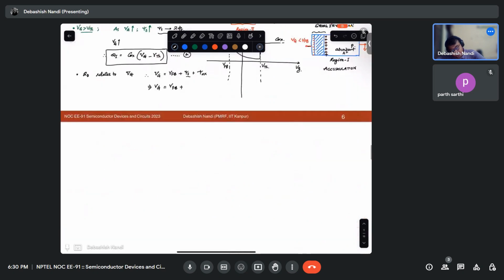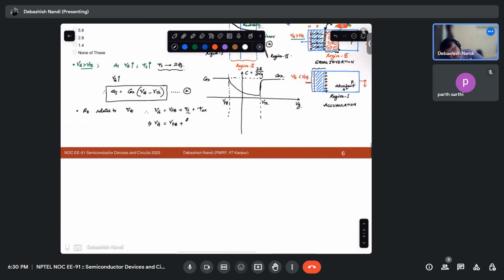So if you just put it here, Qd square by Cox square into gamma square, and psi ox, you know that it is Qd plus Qi over Cox. You can see that Vg has a Qd square relation, a quadratic relation.